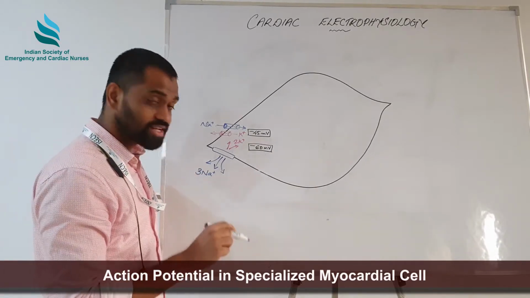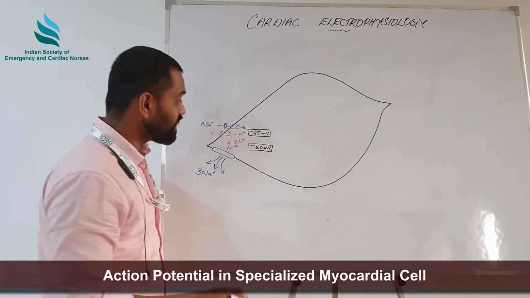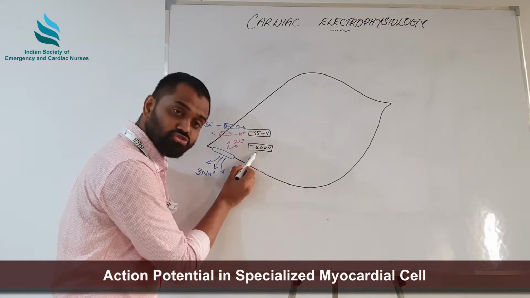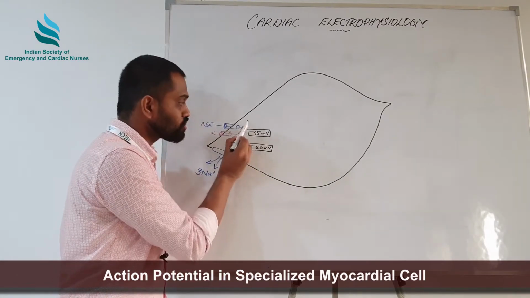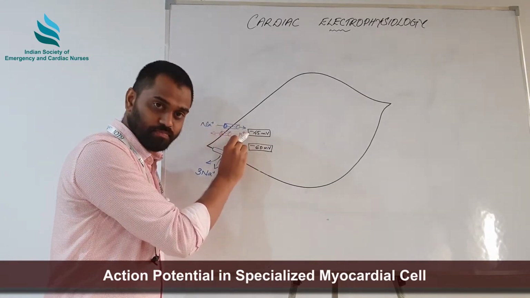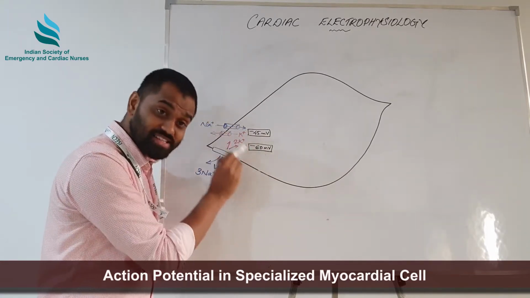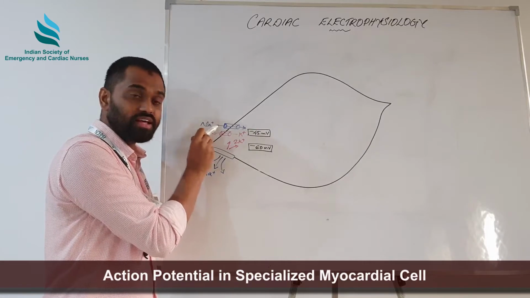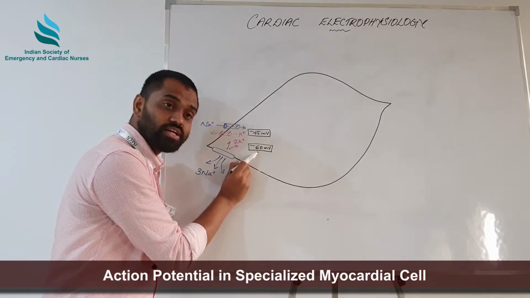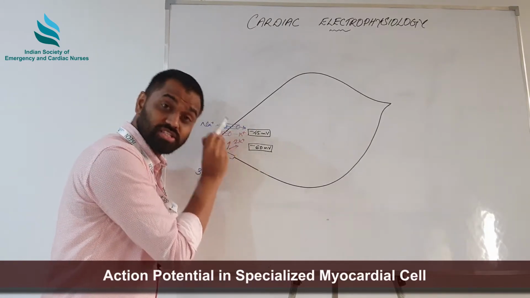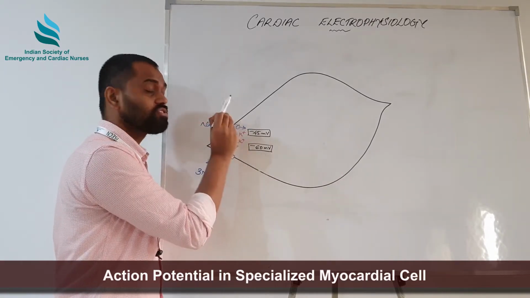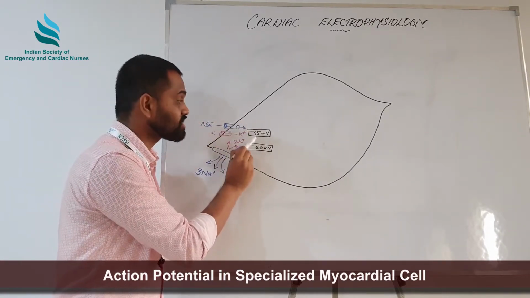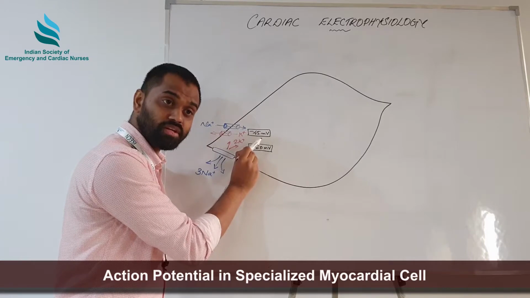In contrast, in the myocardial cell, we had a resting membrane potential of minus 90 and a threshold potential of minus 70. But here in an SA nodal cell, just because of this leaky sodium channel, the resting membrane potential is set at minus 60 millivolt and the threshold potential is set at minus 45 millivolt.